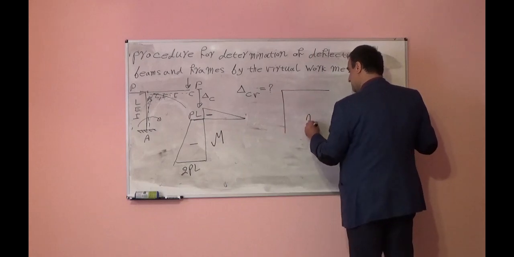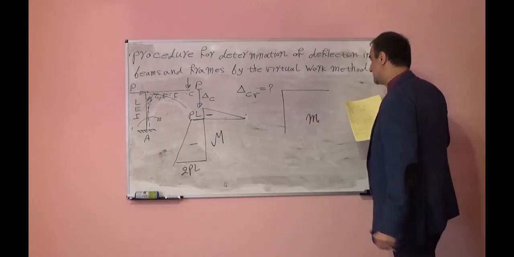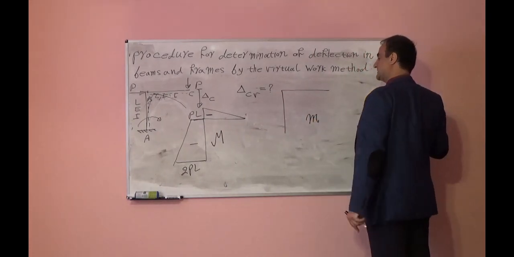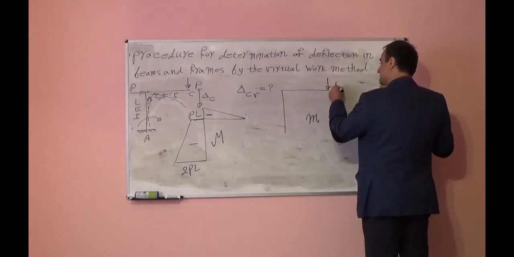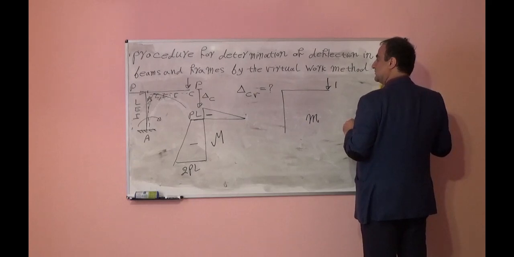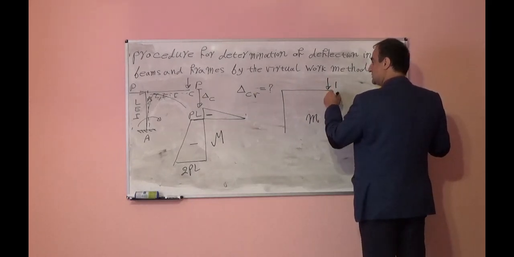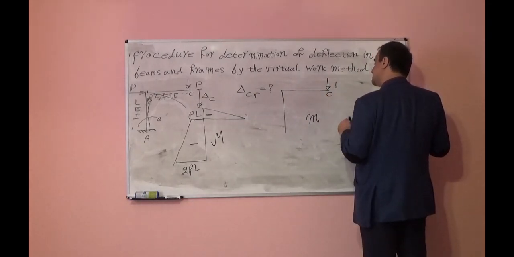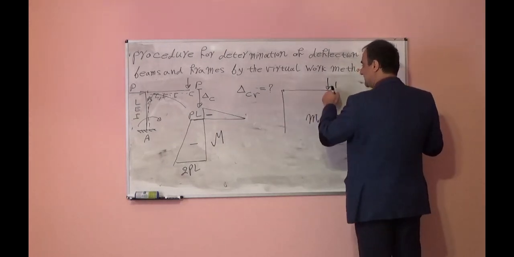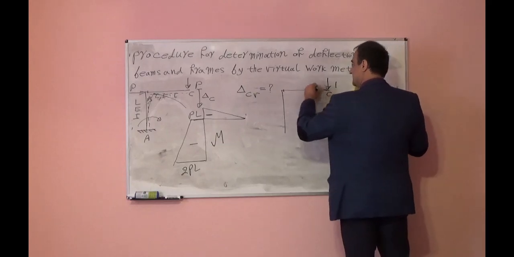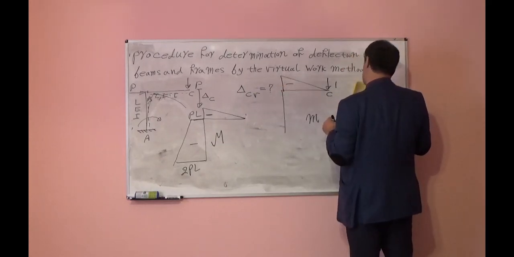Moment diagram for virtual load. We want to find the vertical deflection at point C, so I will apply a unit load at point C. The moment at point C is 0 because it is free. From C to B, just before B here, it will be 1 times L, again negative.